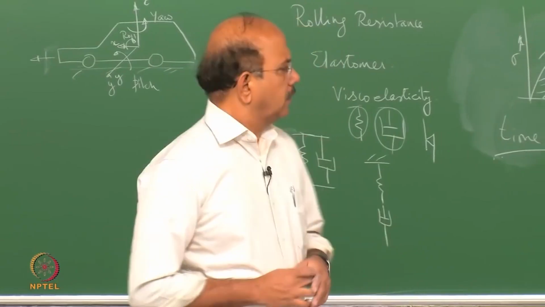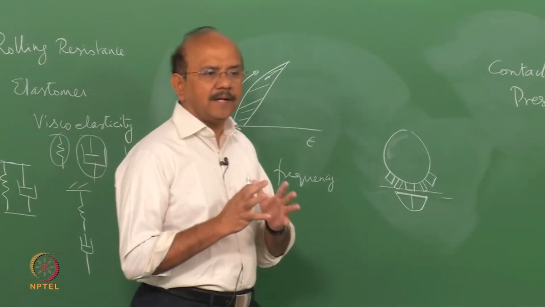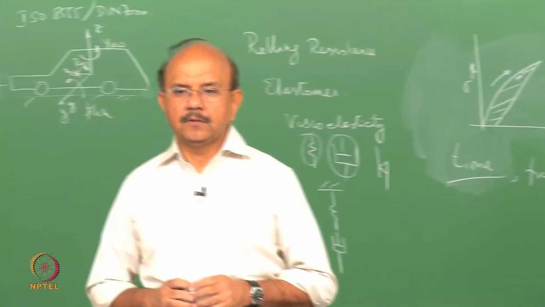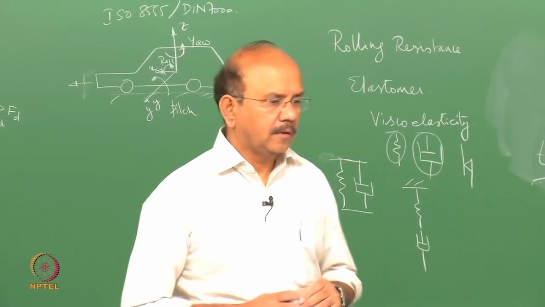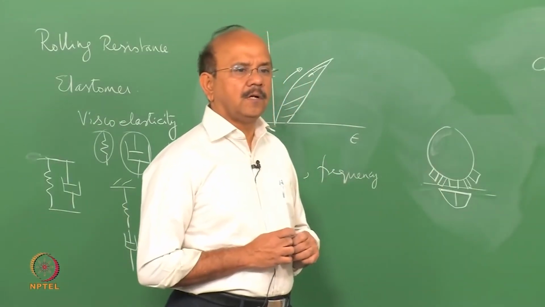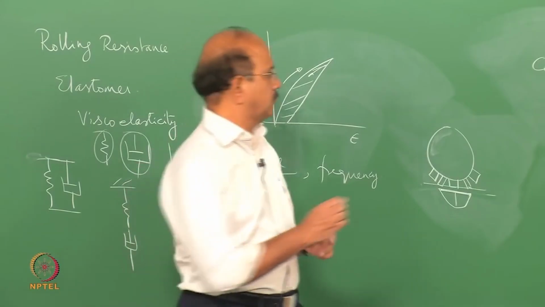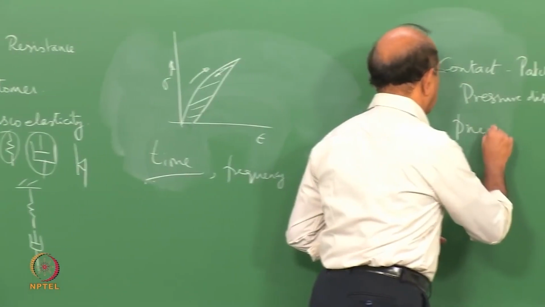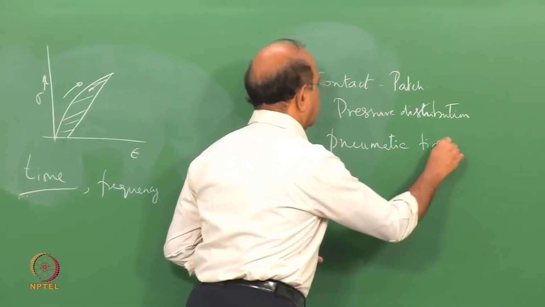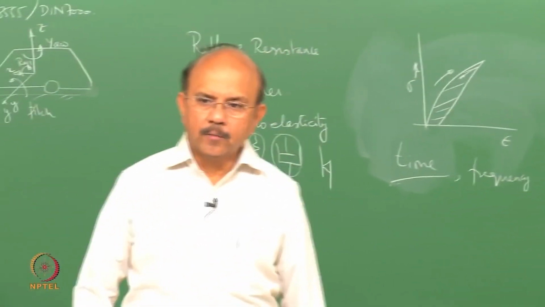Now, let's understand one or two more things about tires before we go into the details. The first is that the tires that we use are what are called pneumatic tires.